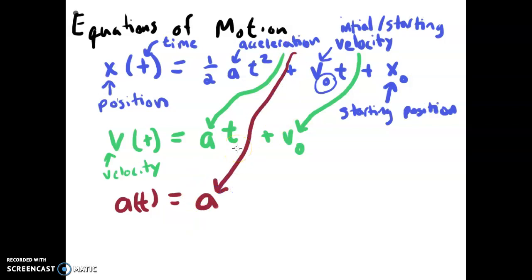So the good news is, even though there are a lot of symbols, lots of them are reused, and at least between these three equations, the symbols all mean the same things. So if I see an a in acceleration time and I see an a in my velocity time, I know it's the same a. And the same goes for position time. This is the same a as this a, which is the same a as this a. And this t is the same as this t, is the same as this t. Okay, so that's good news for us.